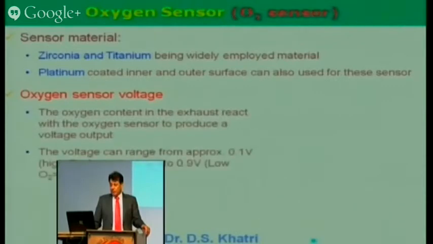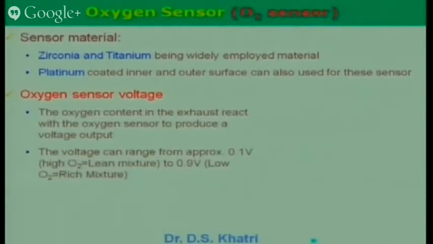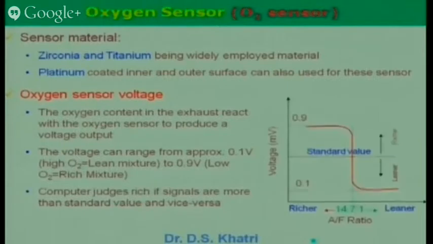Oxygen sensor voltage varies between 0.1 to 0.9 volt. This is the type of signal you can see. If the mixture is rich, here you will get 0.9 volt. If the mixture is lean, you will get 0.1 volt.